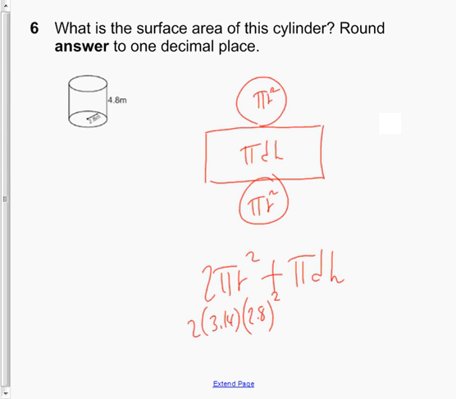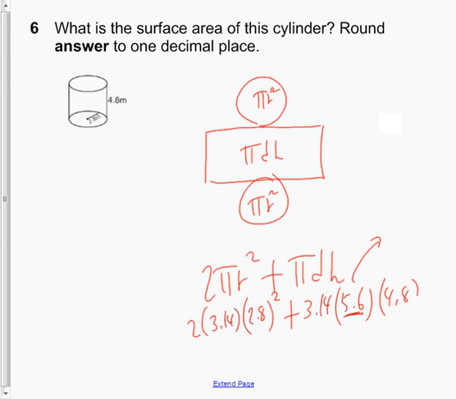Just substituting what I know into the formula. Plus 3.14 times 5.6 times 4.8. This was the only tricky part about the whole thing. It doesn't list the diameter, but you had to double 2.8 in order to get the diameter. So doubling 2.8 gives you 5.6.